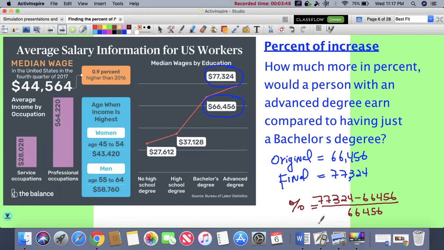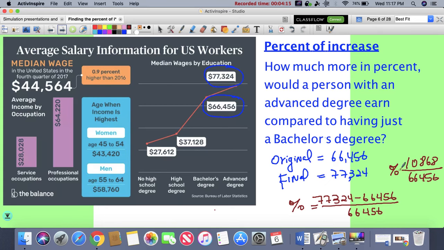So if you subtract, 77,324 minus 66,456 equals 10,868 over this one, right? 66,456.